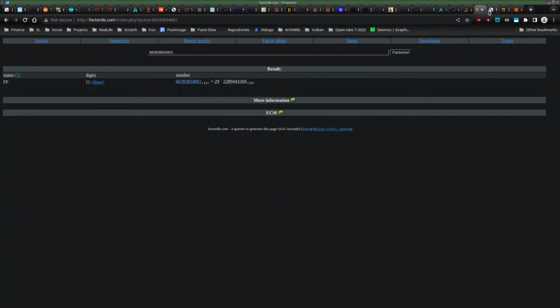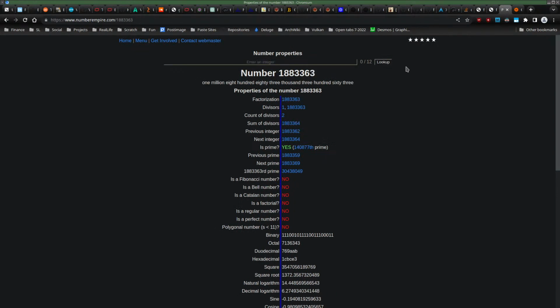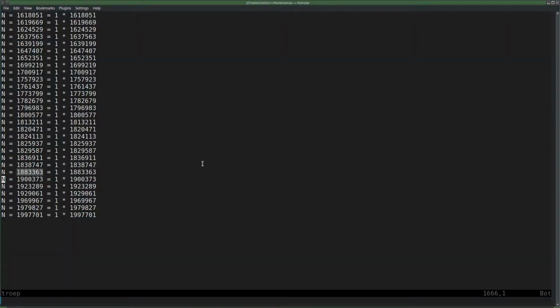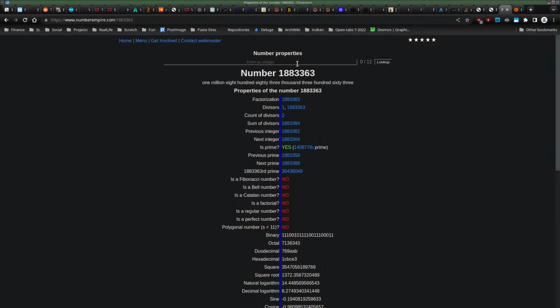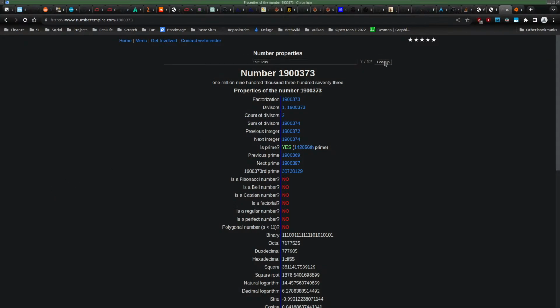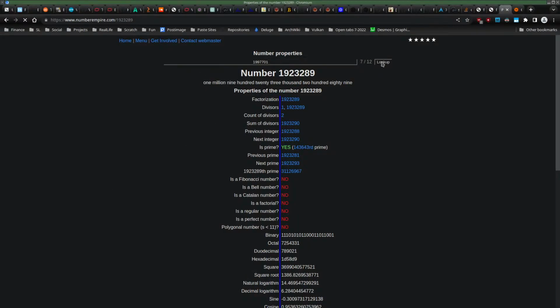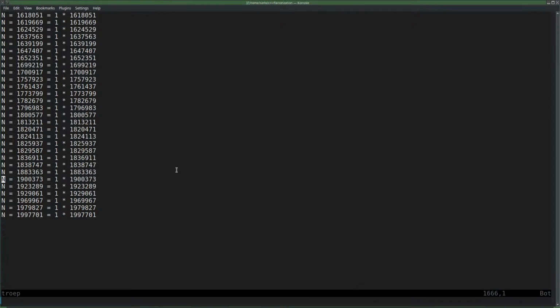Factorize. Yeah, the green yes says it is a prime. And then that one, also a prime, that one, also a prime, last one. Yep, they're all primes.